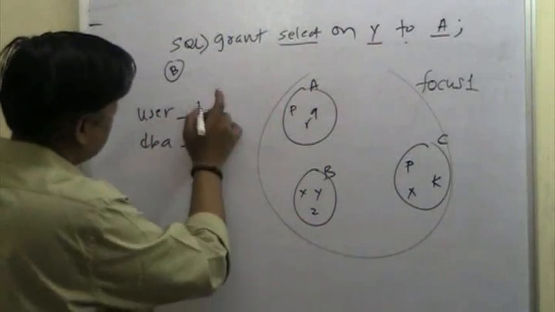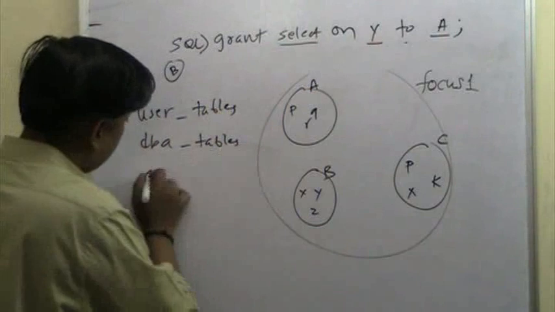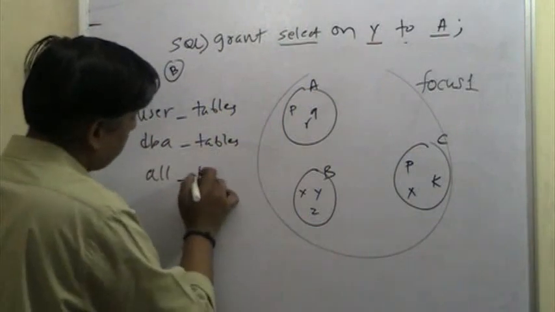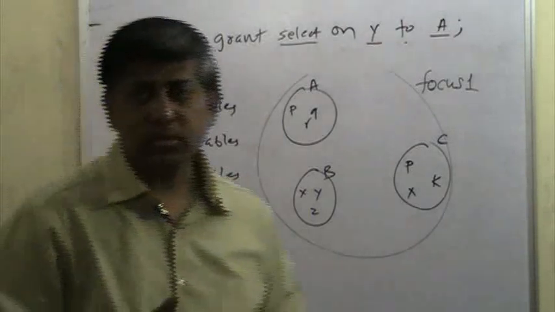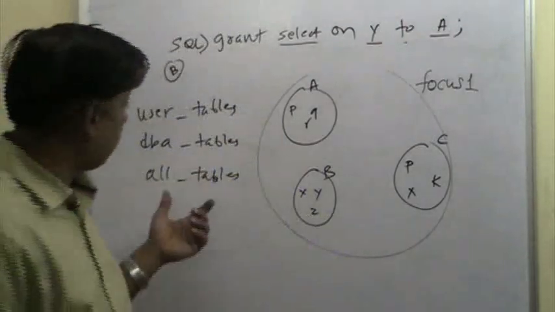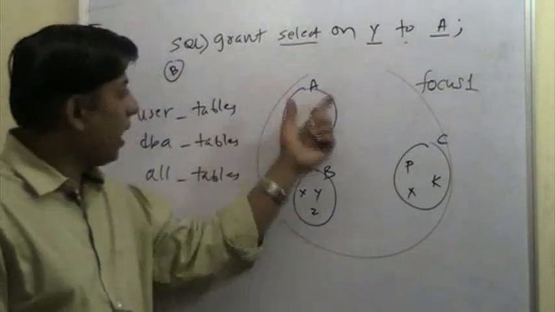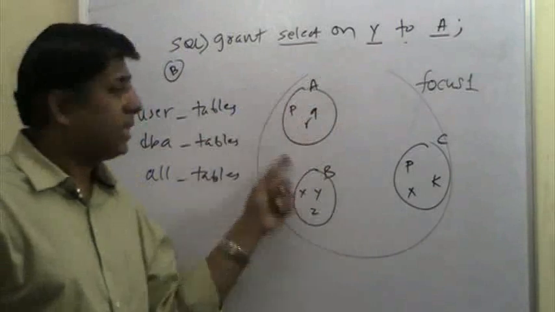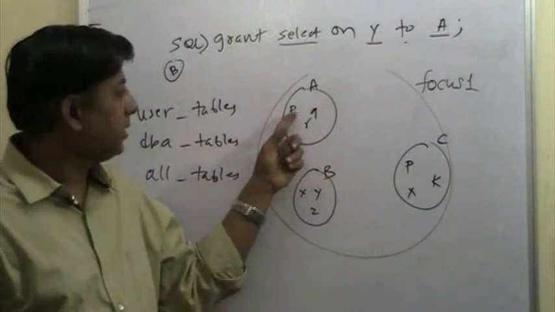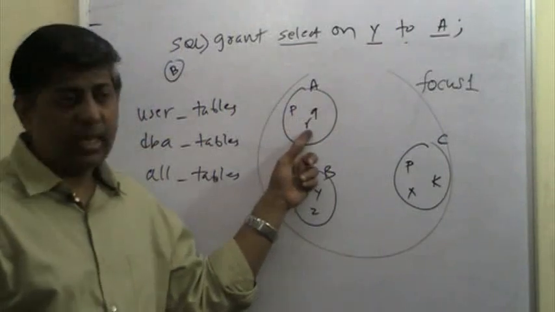Now there are certain other data dictionary views apart from user underscore and DB underscore. So we'll talk about user underscore tables and DB underscore tables. There is another category called all underscore tables. Now what is this all underscore tables? All underscore tables means the list of tables that you have access to. You means now I'm talking about user A. Obviously user A has access to his own tables. He can do select, insert, update from any of the tables that he has created.